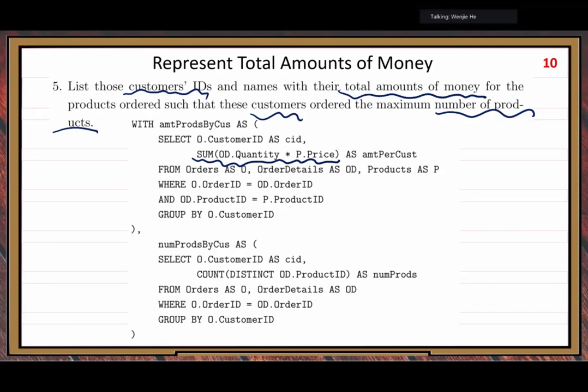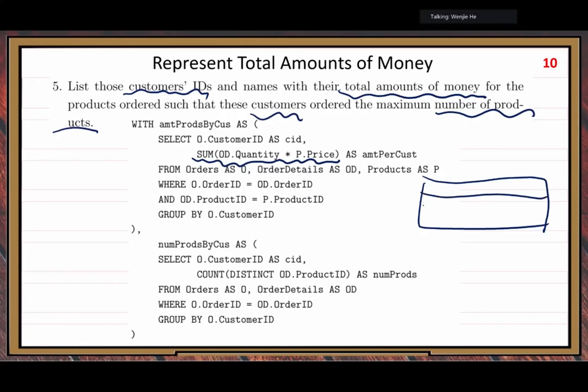For each order, multiple products could be ordered, right? So here we may draw a table like this.